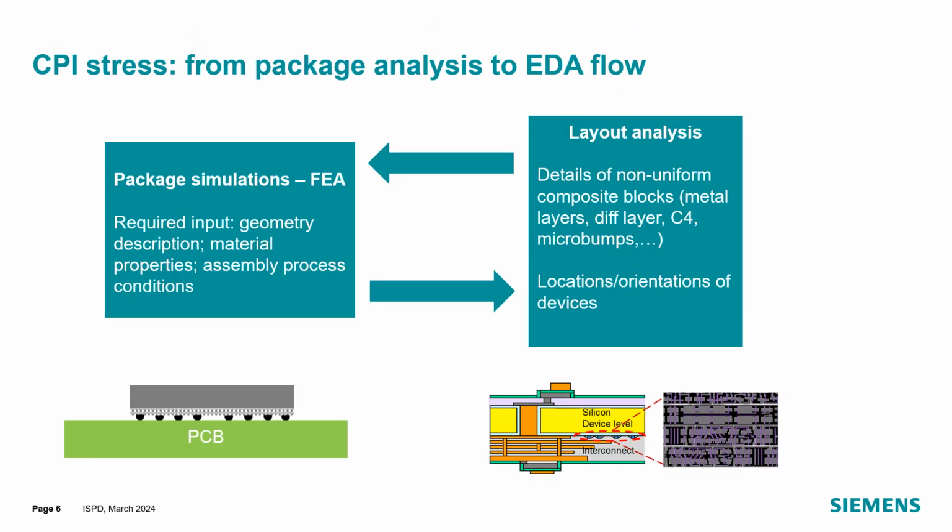The tool performs the multi-scale analysis from package to layout feature scale that ranges from centimeter to nanometer. With the multi-scale simulations approach, the stress variations due to die warpage, edge and corner effects, and bump interaction are obtained.